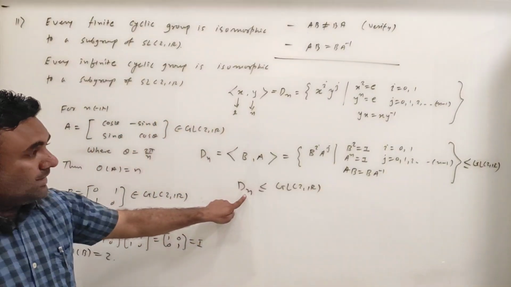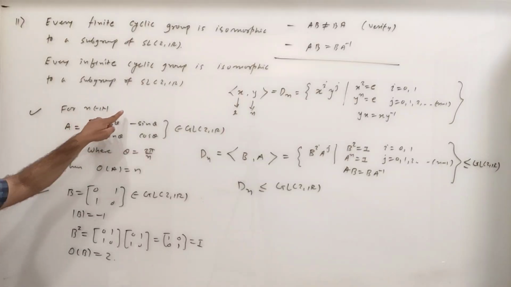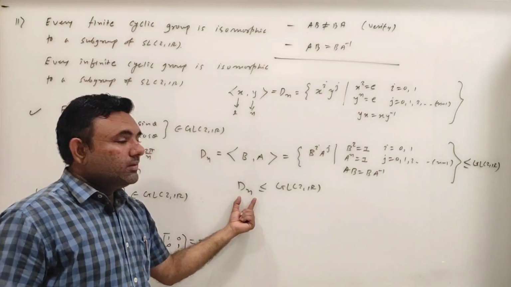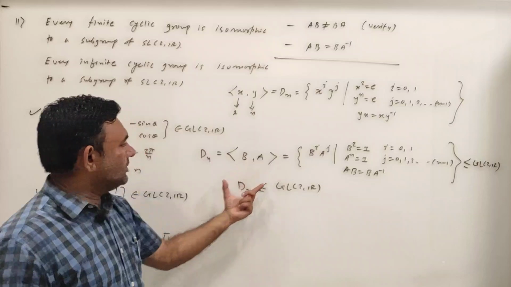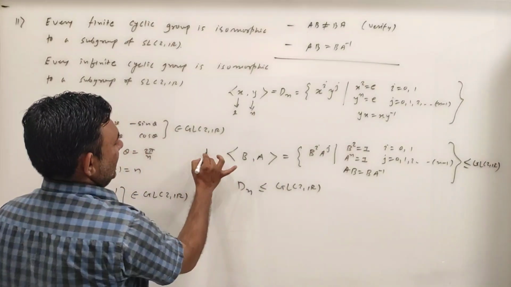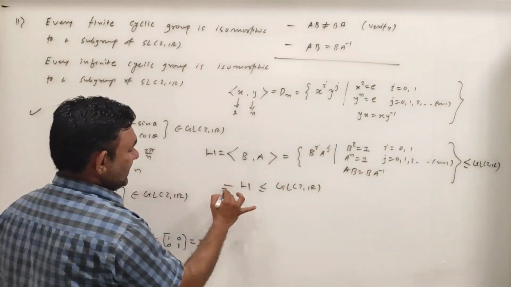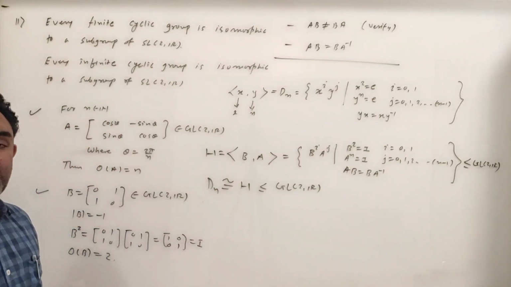And where did this n come from? n is coming from here, for any n belonging to N. So for any given n, Dn is a subgroup of GL2R. This subgroup, let me say it is H, then H is a subgroup of GL2R, but this H is exactly Dn. So H is isomorphic to Dn.